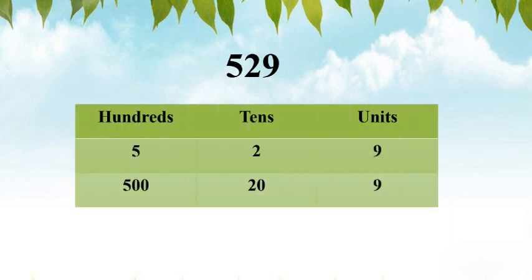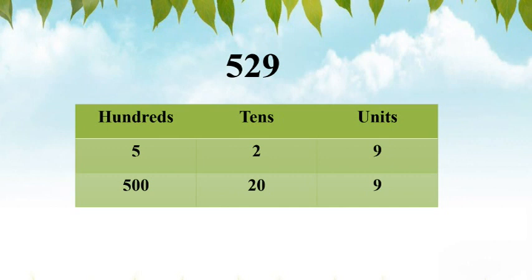Now let's look at how we can write this number with the help of place value. Yes, the first column is hundreds and the second column is tens and the third column is units. So 5 we have to write in the hundreds column and 2 we have to write in the tens column and 9 we have to write in the units column.